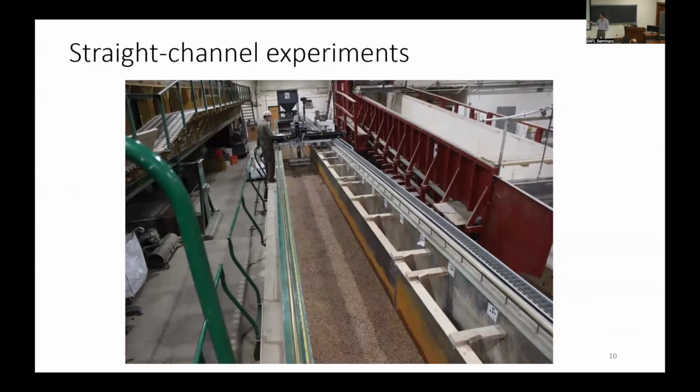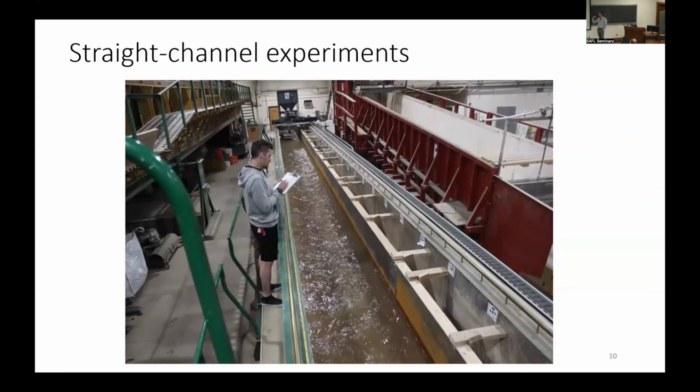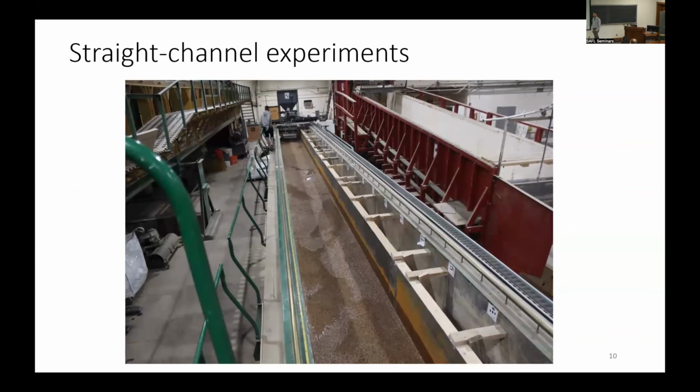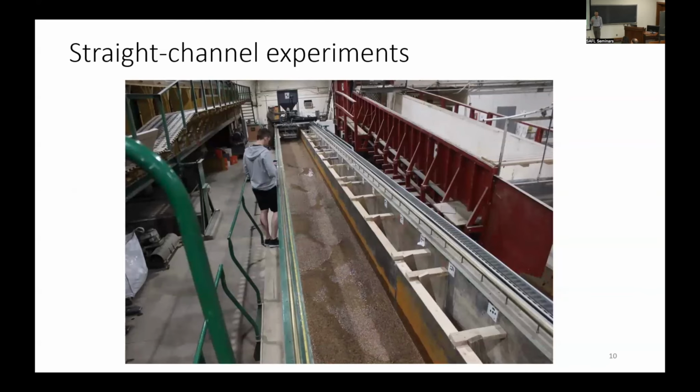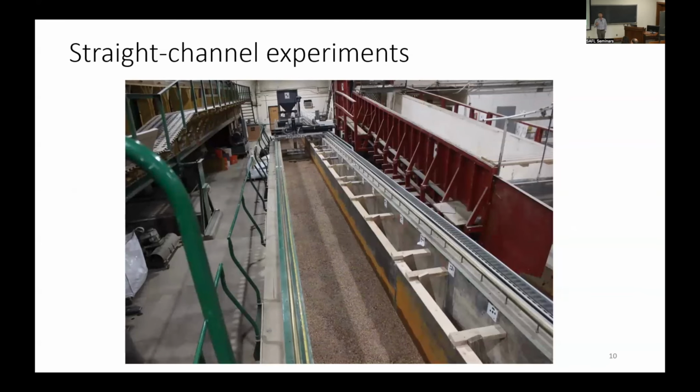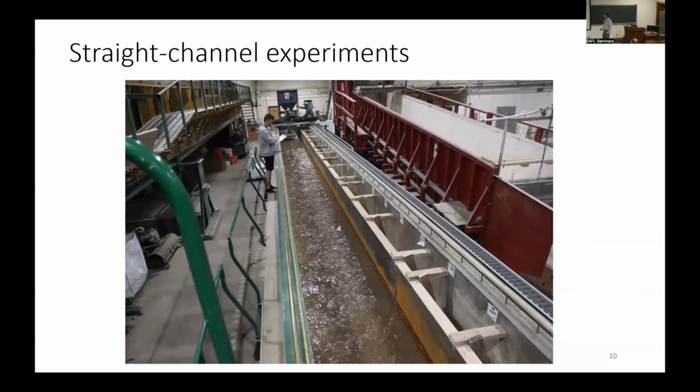Water comes in through an upstream inlet. It's pumped from a sump under the floor in this case. And then downstream, which we can't see, there's a tail box that collects the sediment that comes out the downstream end of the flume and allows us to adjust the water surface elevation of the downstream end of the flume.